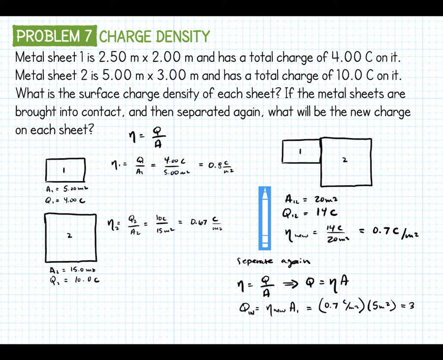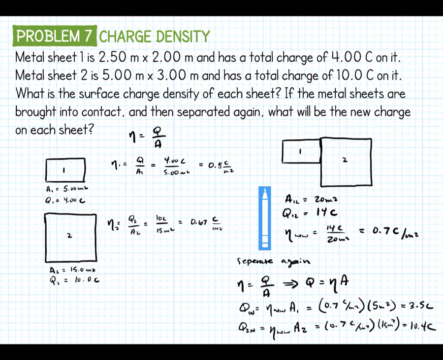Try to write that better. And then Q2 nu is going to be nu times area 2, and that's 0.7 coulombs per meter squared times area 2, which is 15 meters squared. So that gives us 10.5 coulombs.